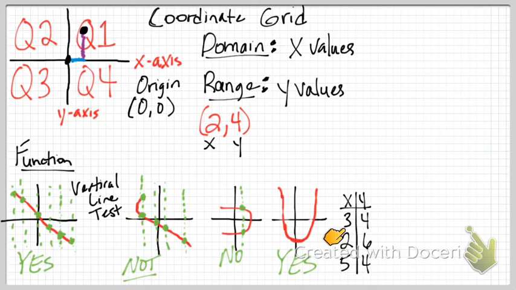Do I have any multiple 3s or multiple 2s or multiple 5s? No, I do not. So this would be considered a function. So this is a yes. As long as there's no more than one number of each one of the x. Now notice, look at my y values. Oh, hello. I do have multiple 4s, but when determining if it's a function or not, you don't even need to look at those. Okay? As long as those x values are not the same, it's a function.